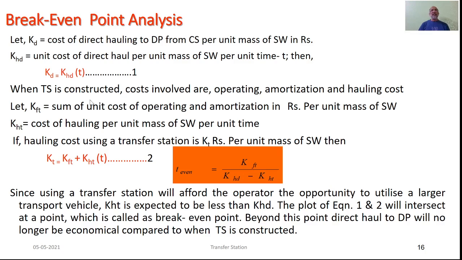Now when a transfer station is expected to be constructed, the cost involved would be operating, amortization and hauling. So say this KFT is the cost which is representing the sum of operation and that required for the amortization in terms of rupees per unit mass of solid waste, and KHT is the cost of hauling per unit mass of solid waste per unit time.